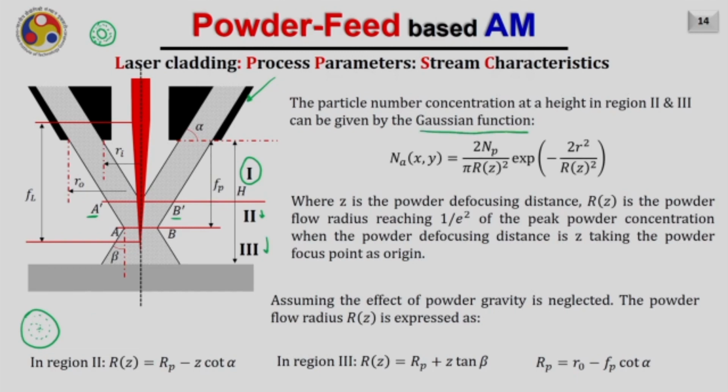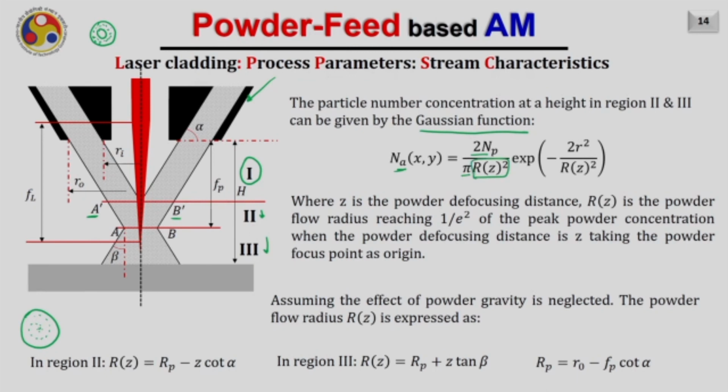Then I can write my equation which I just derived: if it is following a Gaussian equation, then the powder particle concentration at any location xy in a slice A will be equal to 2Np by pi rz square.